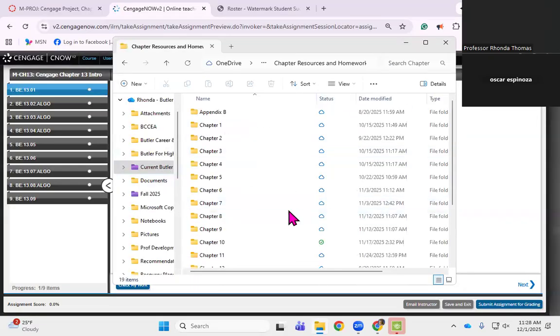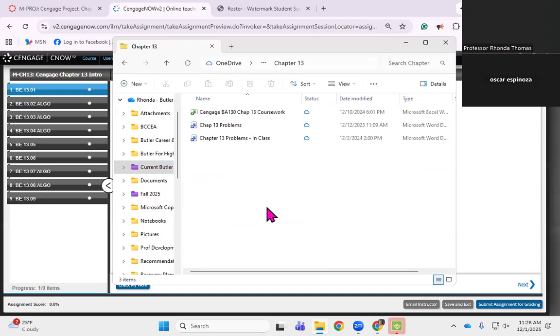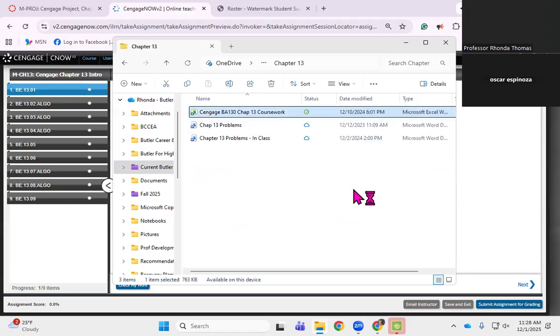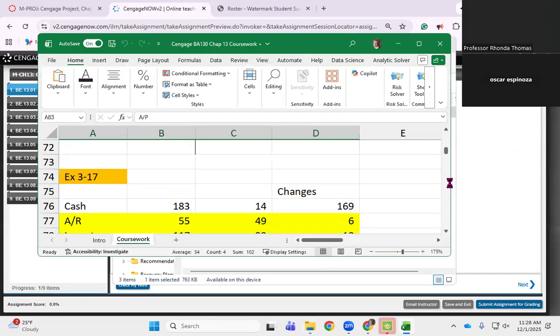So we want to know how much cash we have, how much we had in the beginning, and how much we have now. And we want to know what happened to that cash, what made it go up, what made it go down. And that's basically what the cash flow statement does.